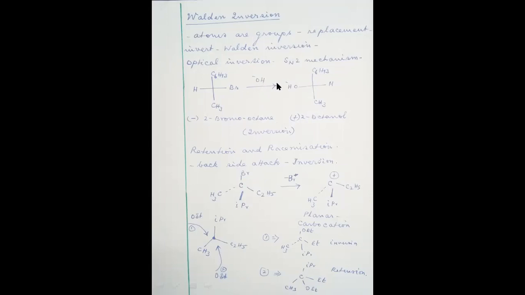So when it is allowed to react with OH minus, the OH minus replaces the bromine. But what happens when the bromine is replaced by OH minus? You are getting 2-octanol with a plus sign. See, originally this reactant was levorotatory, but after the reaction, this becomes dextrorotatory.